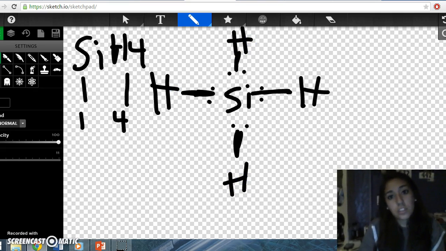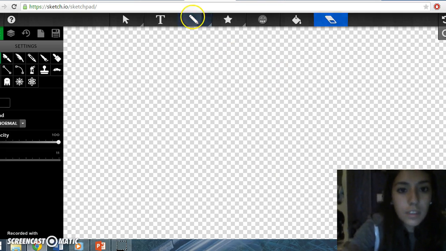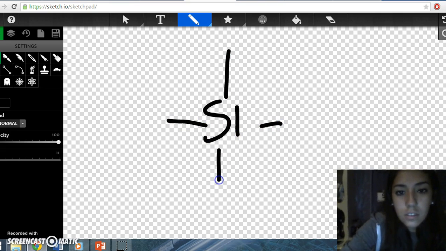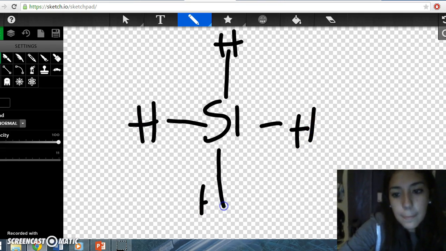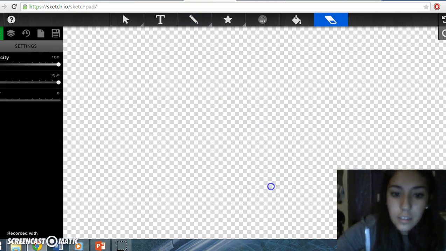That is a Lewis dot structure. To make it look nicer, this is what it would look like. And that's a Lewis dot structure. It's not the best, but it's okay.